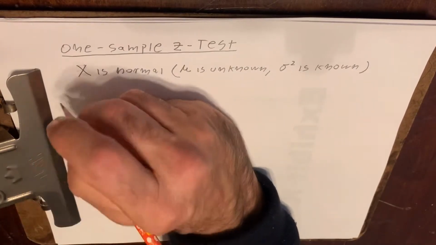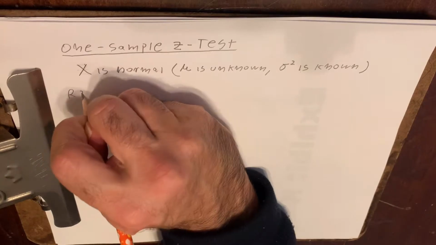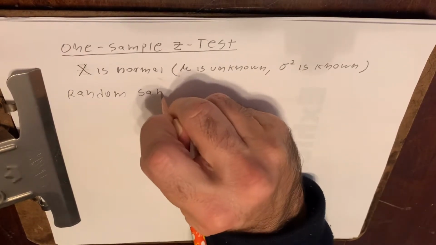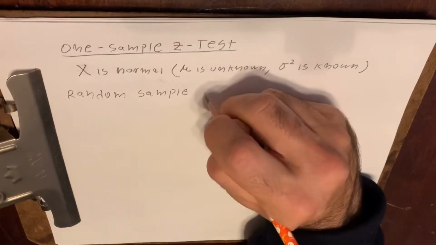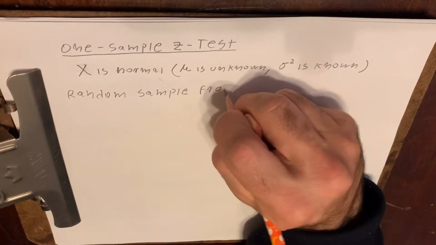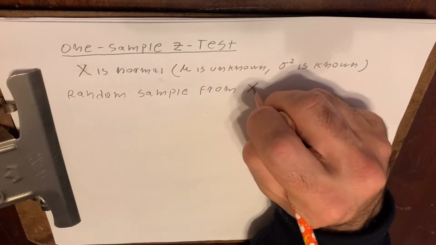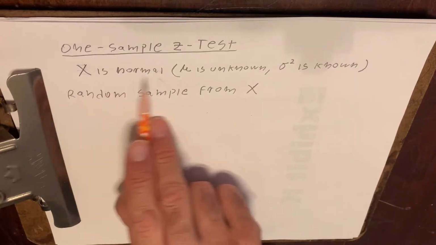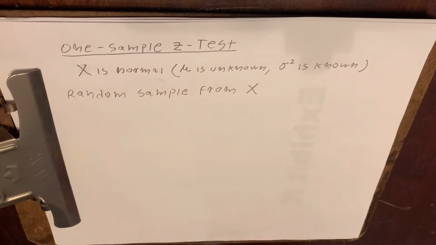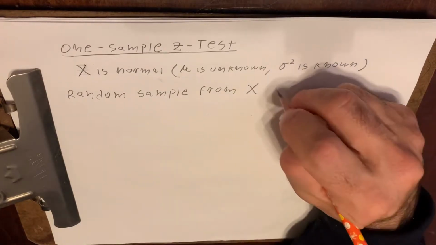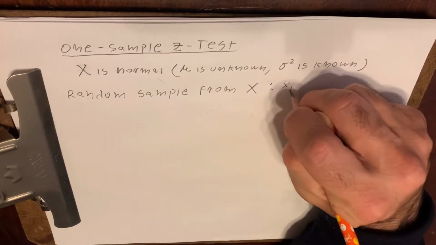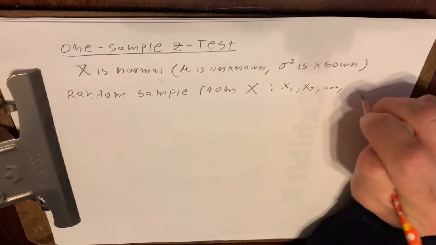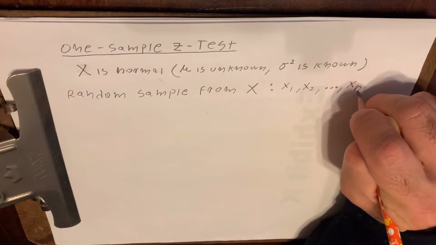So we are going to take a random sample from random variable x, which is also the symbolic notation for this normally distributed population. And let's call this random sample x1, x2, x3, x4, all the way up to xn.